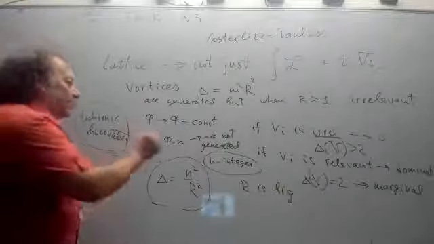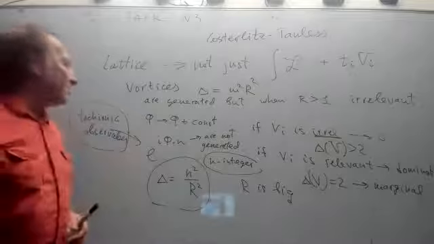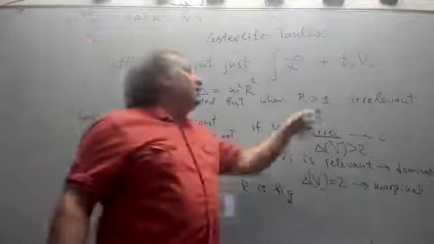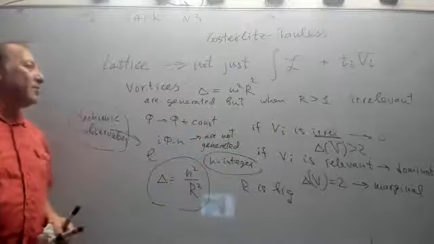So tachyons are prohibited by symmetry. Vortices are not, but for R greater than 1, they are irrelevant.